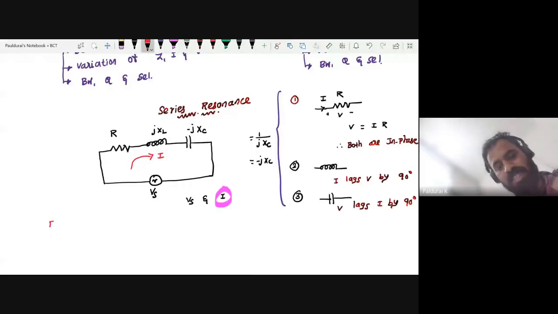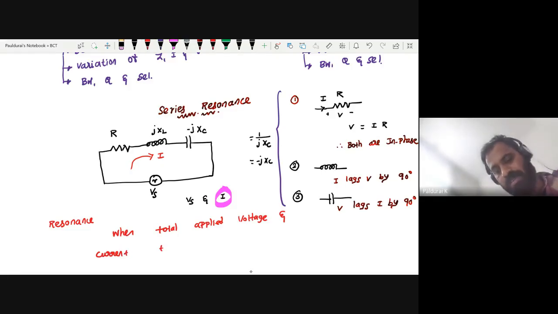So what is resonance? When the total applied voltage and current are in phase, even though inductor and capacitor are present.